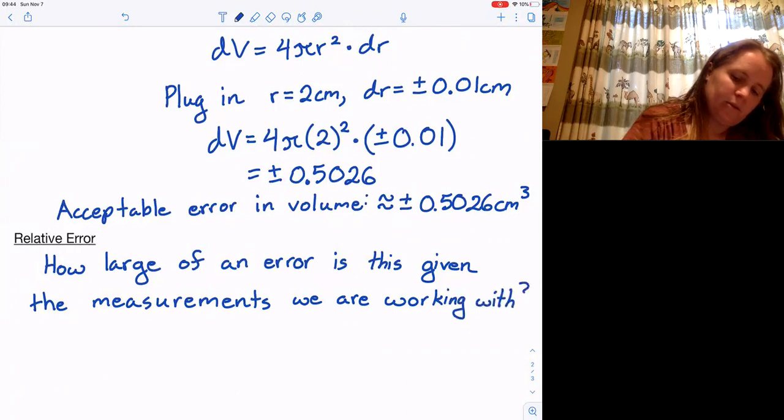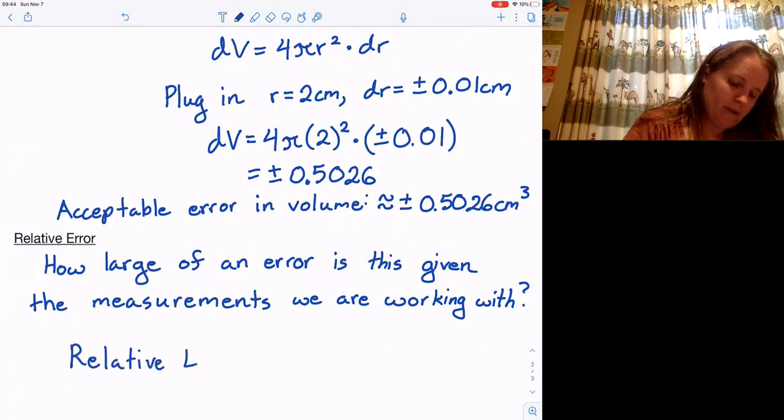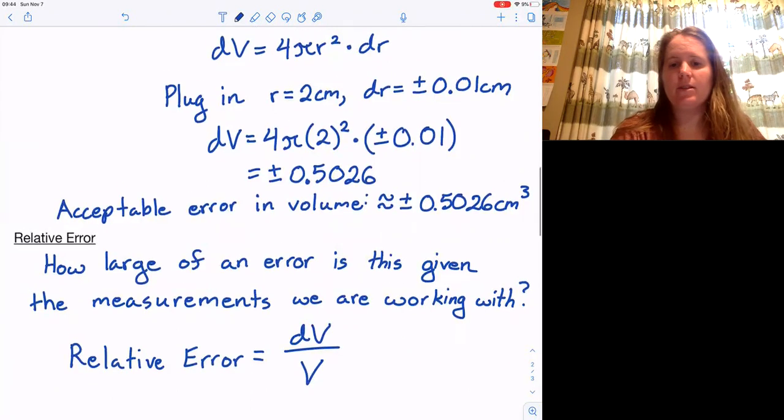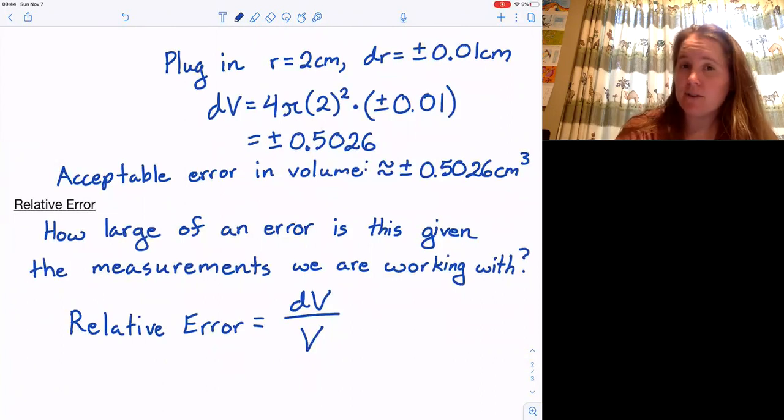And so what we'll do is find relative error. So relative error is essentially, in this case, dV divided by the volume, specifically at what we measured.